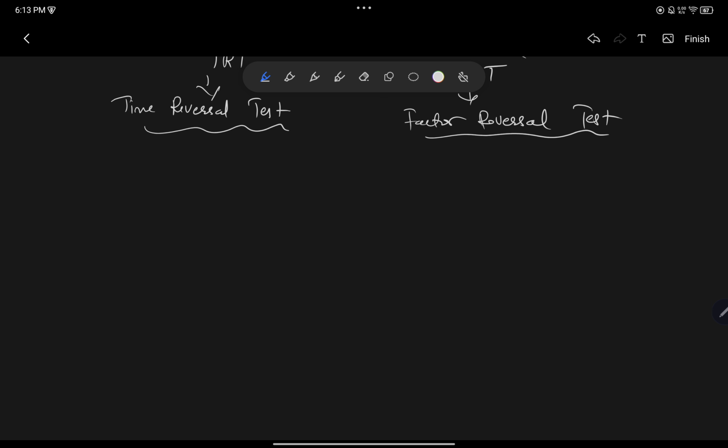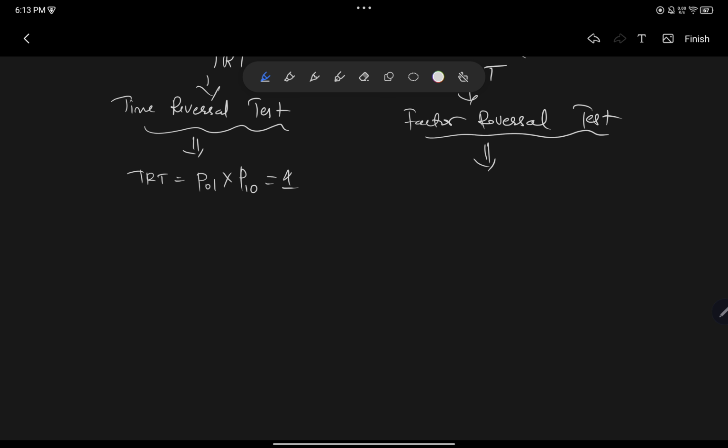Time reversal test is satisfied when we get P01 into P10 is equal to 1. What is that? I will tell you when we are solving the problem.